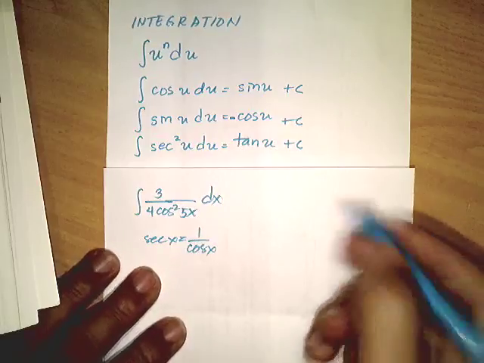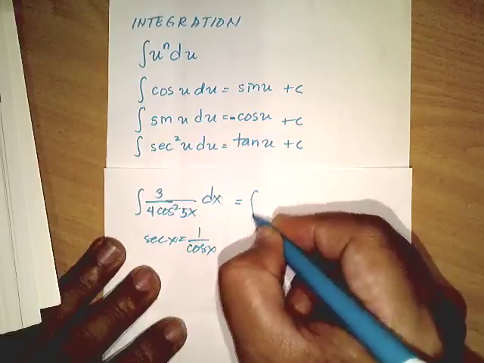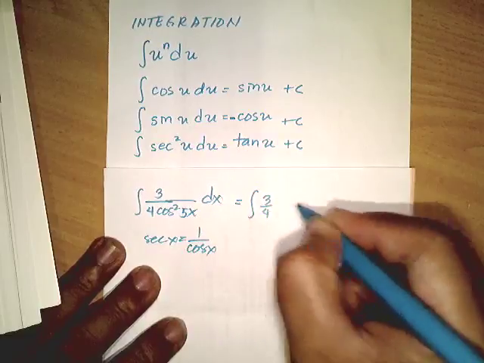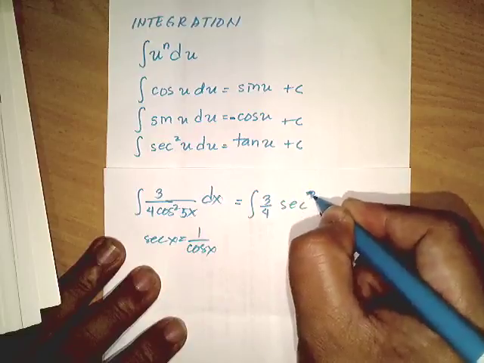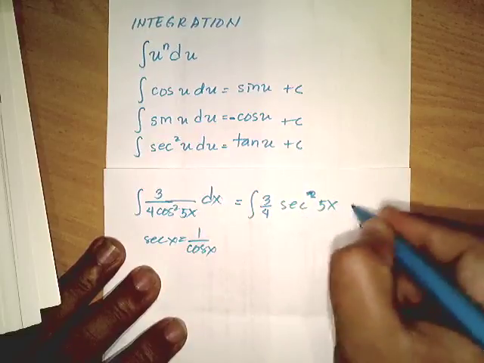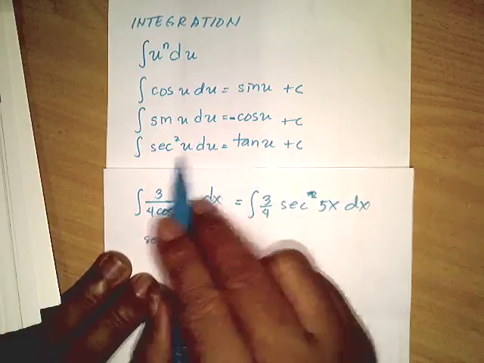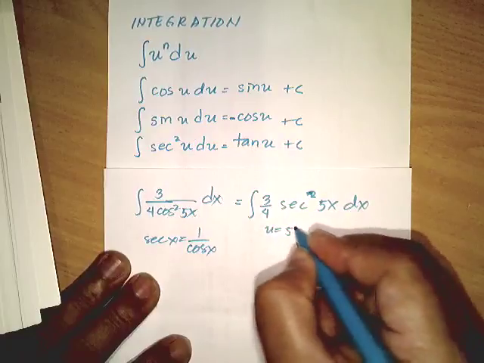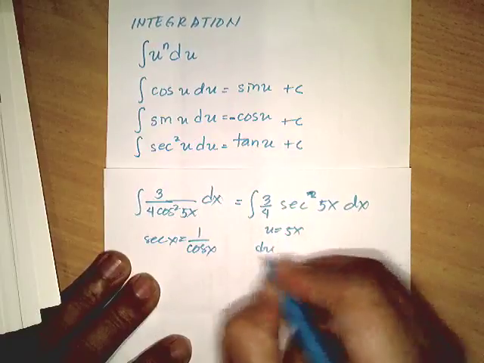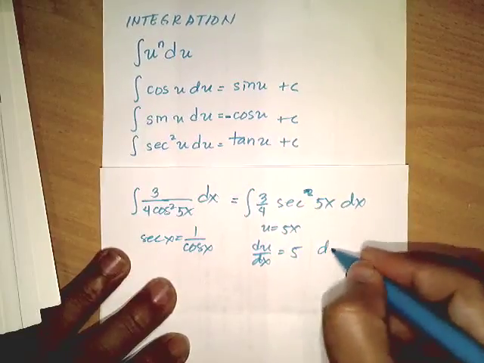So this one is actually the same as 3/4 secant squared 5x dx. Alright? So from our formula, our u is 5x, our du/dx is 5, our dx is 1/5 du.